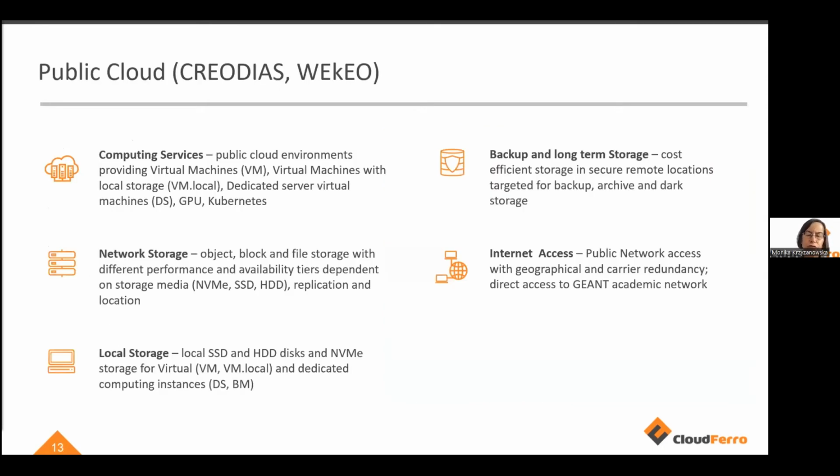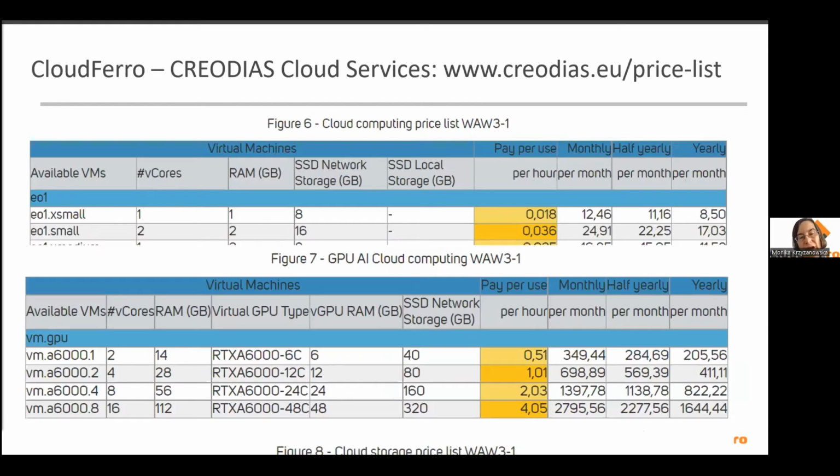Then, of course, you need processing resources. And again, in CryoDias or another type of platform, such as ECoE, platforms provide processing resources, virtual machines. The advantage is that you can scale them up and down.